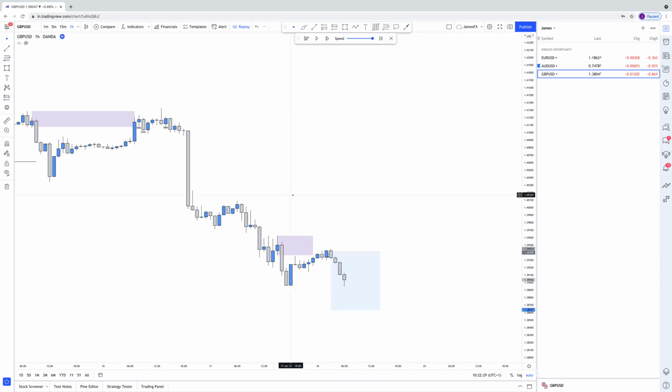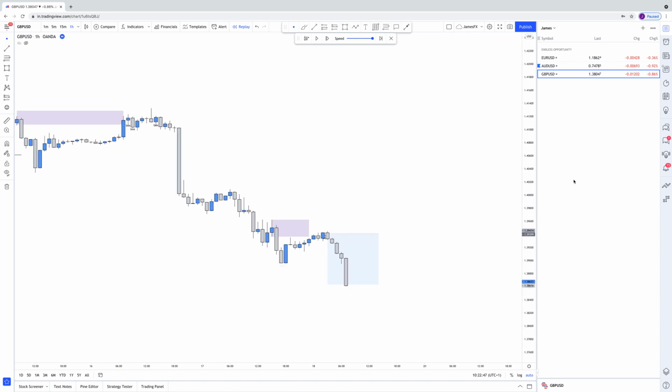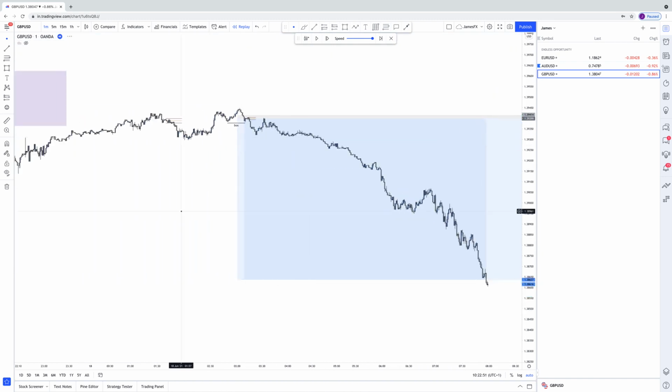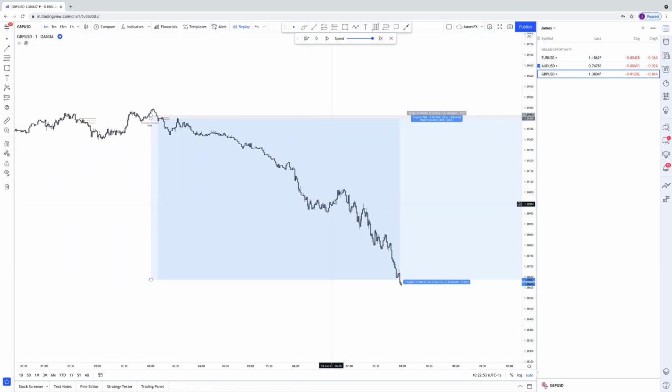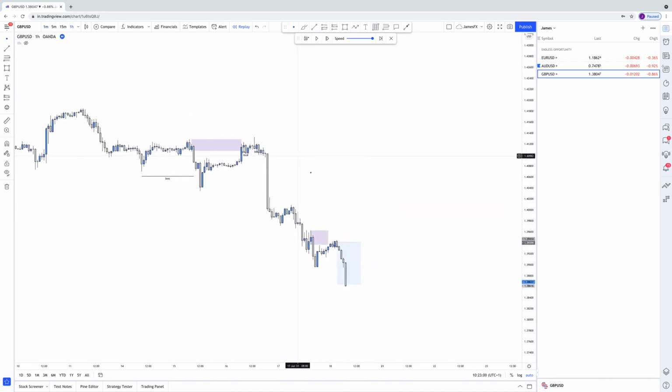So although we are managing on the 1 minute, we want to come back to the higher time frame and understand that price is likely to put in a lower low below this level here. And you can see, look, the next candle, go back to the 1 minute. We did pull back there. And then on the hourly, we did eventually put in that lower low.